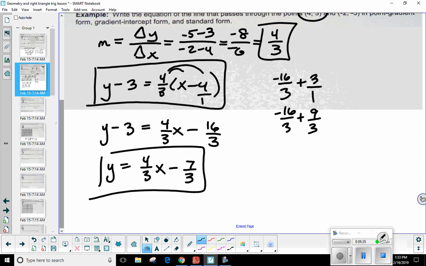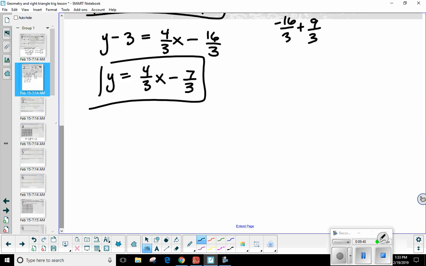All right. And now the last one, we want standard form. So even though it has the constant on the same side as both the variables, we'll go ahead and write it as we are accustomed to. So I need to rewrite this as ax plus by is equal to c. So what would I do first? Ax plus by equals c.